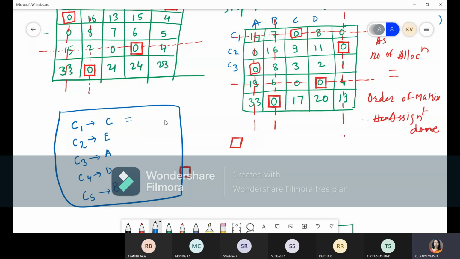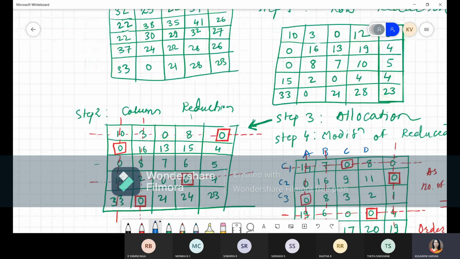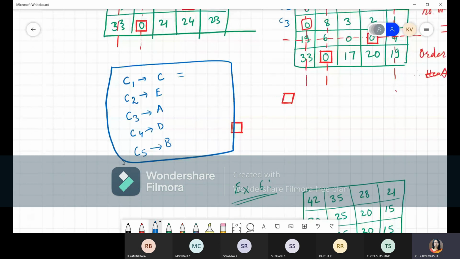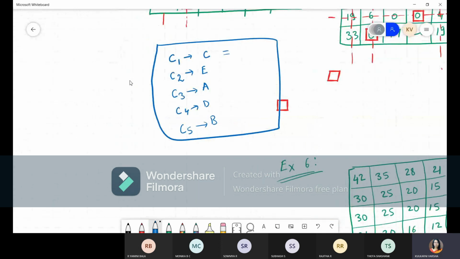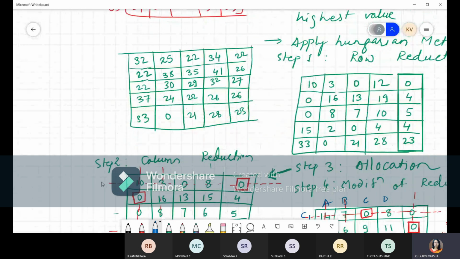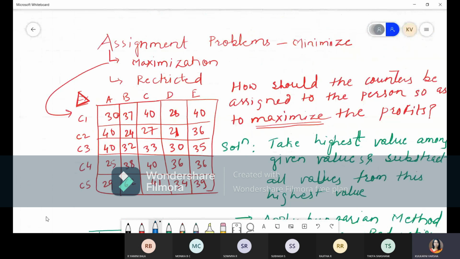Now we have to take, at this particular location where we have done the allocation, what is the original cost? So we have to go to the main example, okay? Not even after reduction of matrix. So whatever they have given, this is the main example.